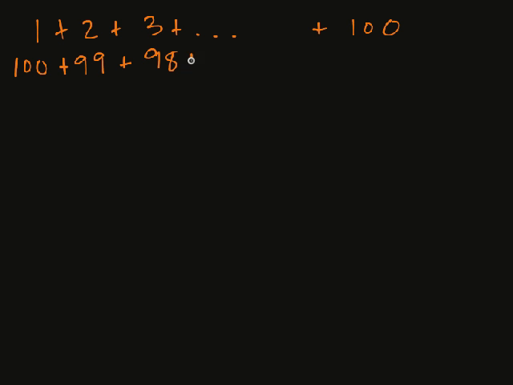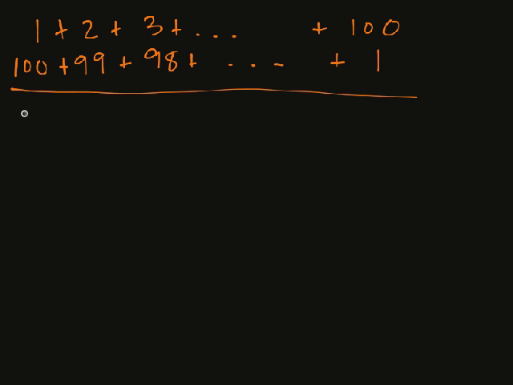Let me show you another way, which is really kind of crazy when you first think about it, and I don't think any of us, including myself, would think about this to start with. So I'm adding 1 through 100. I'm going to write it down twice, but the second time I'm going to write it down backwards. 98, and when I get all down to here, I get 1. And I'm going to add these all up.